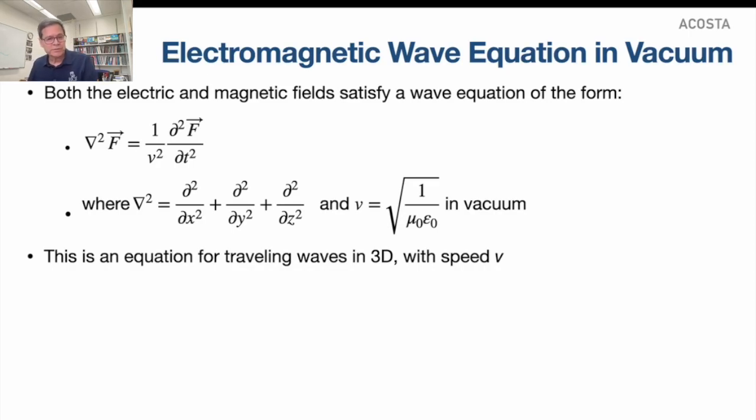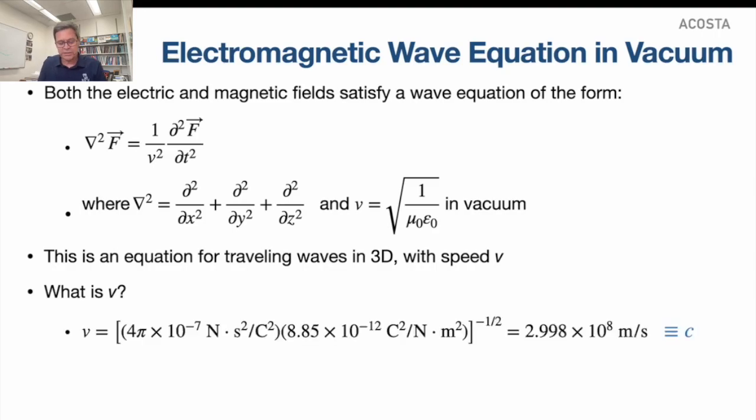The solutions for this equation can be shown to be traveling waves moving in 3 dimensions with this speed v that's predicted here from the laws of electromagnetism. What is v? Well, if you plug in those permeability and permittivity constants, mu naught is 4 pi times 10 to the minus 7 in SI units.